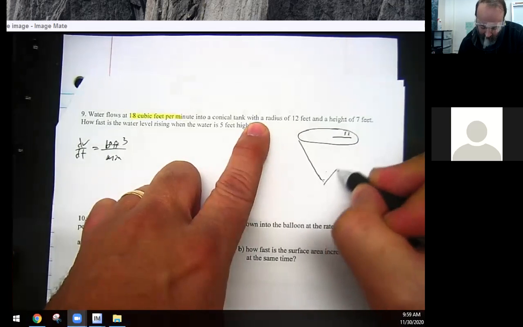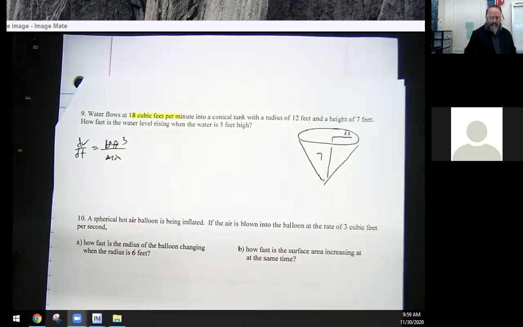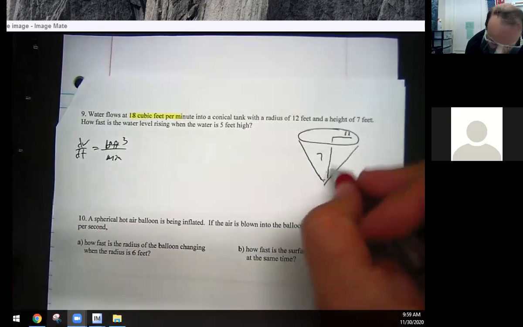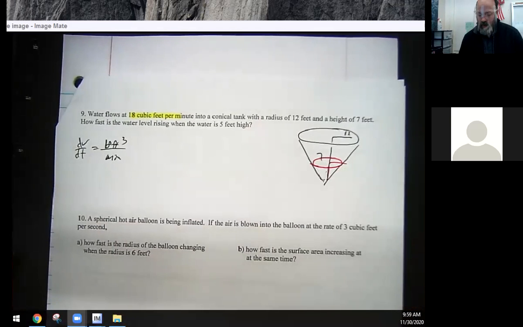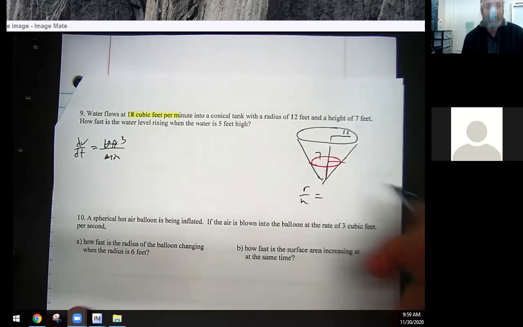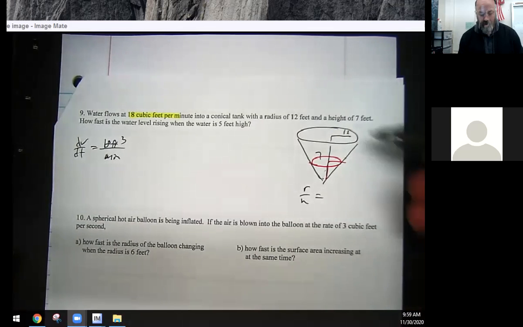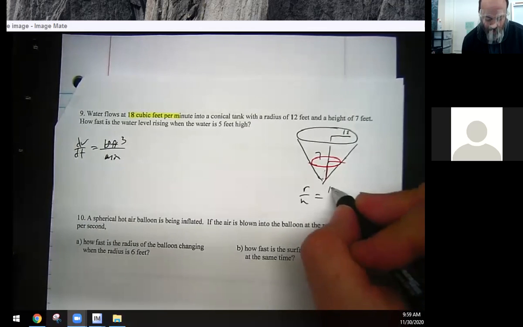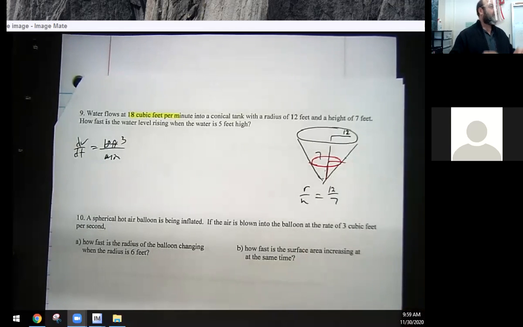One of the things we've talked about is that at any given moment, as water comes up, the ratio of the radius to the height has to be 12 over 7 every single time. The radius and the height are in a constant ratio of 12 over 7.